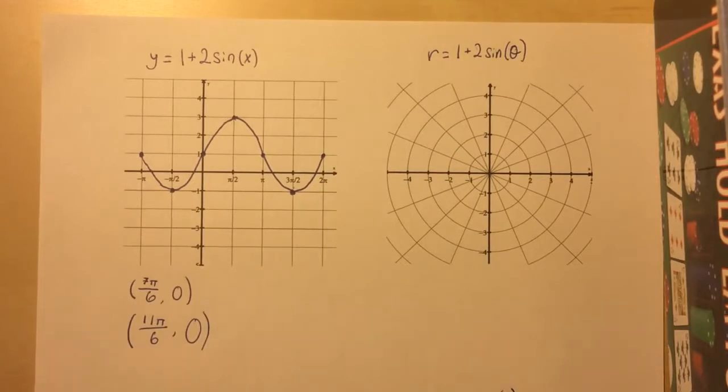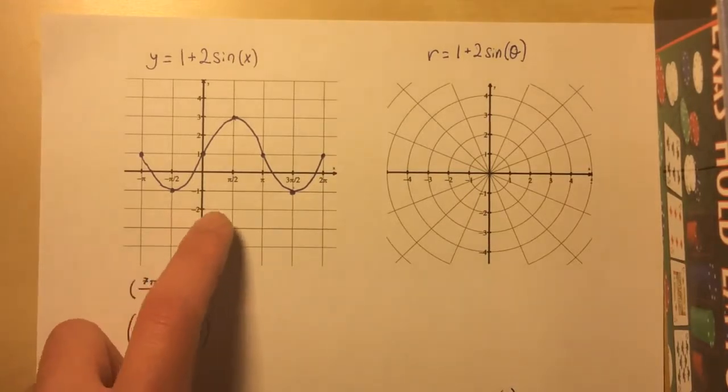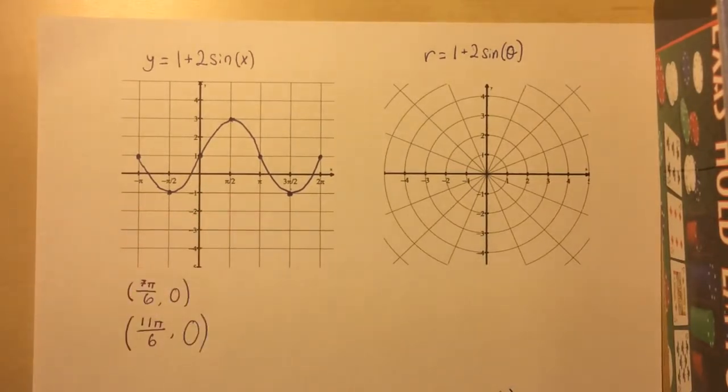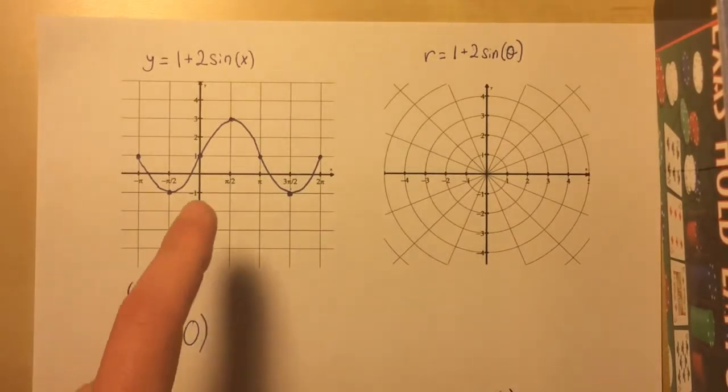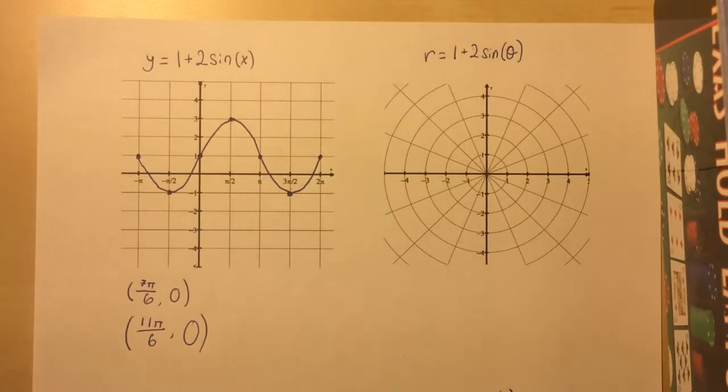I went ahead and wrote the x-intercepts. And now let's look at how we can transfer this information onto the polar coordinates.